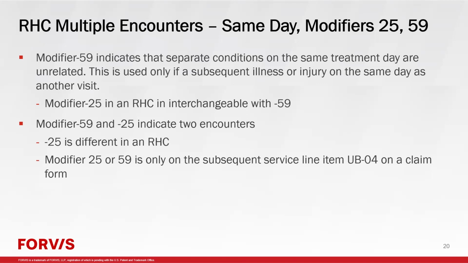Whatever that LCSW assigns, there would be a modifier 59 appended to that. So a little bit different than using that modifier 25, but they truly are interchangeable. We just typically see that when a procedure is performed, that 25 is assigned. And when it is an additional unrelated visit, that 59 is the one that's going to be assigned.